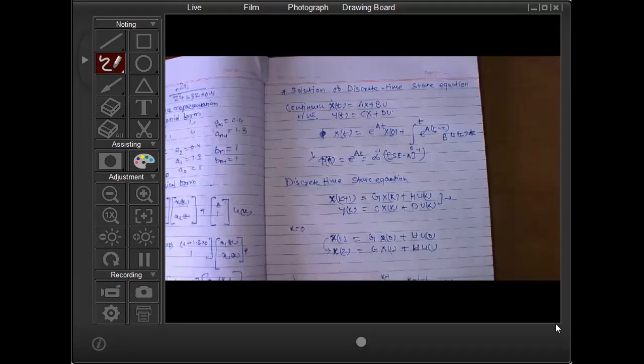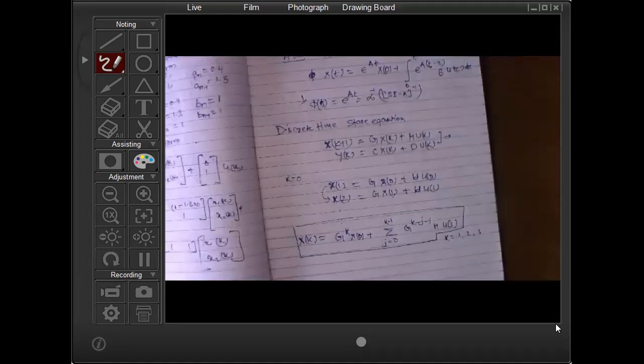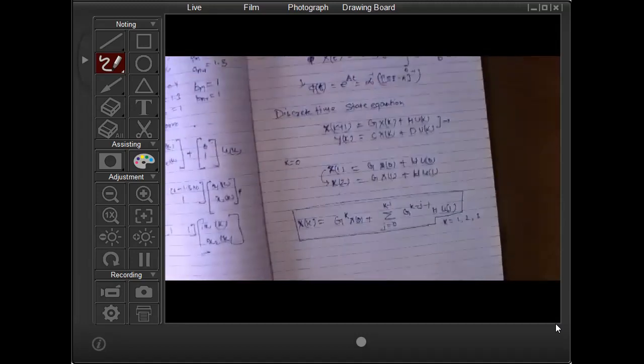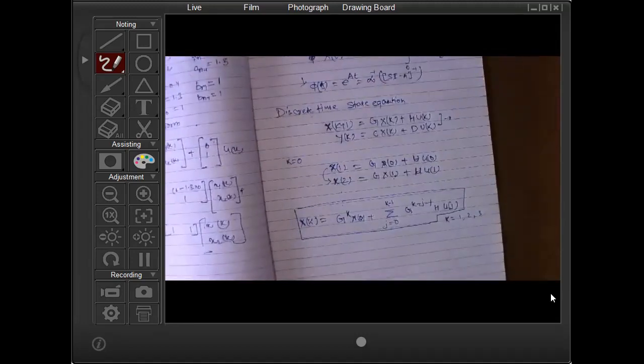This is the solution of any state space equation in a discrete time system.